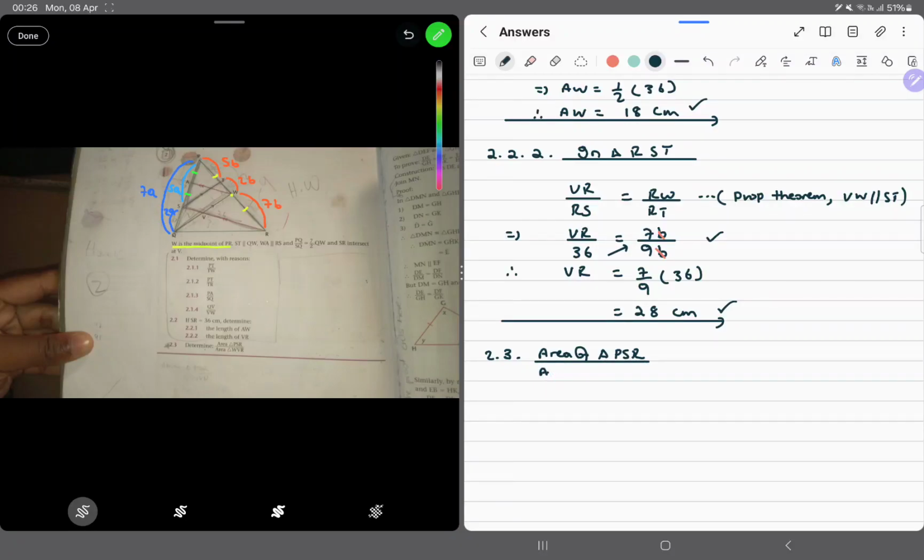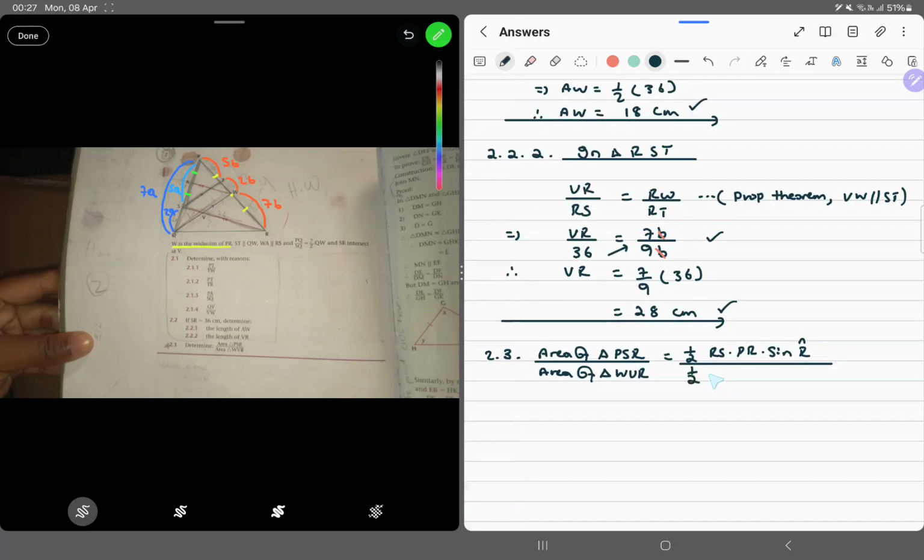Coming back again over area of triangle WVR. This is going to be equal to half the product of the sides that include this angle R. It is going to be RS times PR times the sine of angle R, because we can see that angle R is common to both triangles, so we want some elimination.